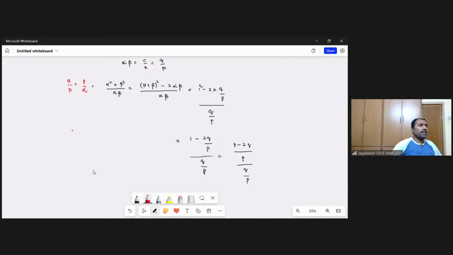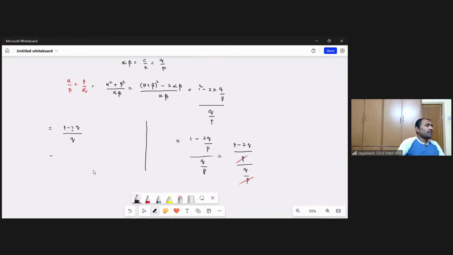Now p gets cancelled. Right? Fine. I'll write the remaining rest of the solution here only. So we get finally p minus 2q divided by q. Let us split the fraction.